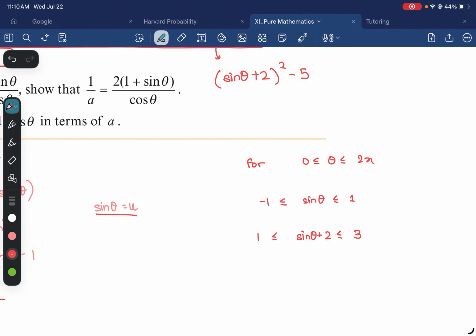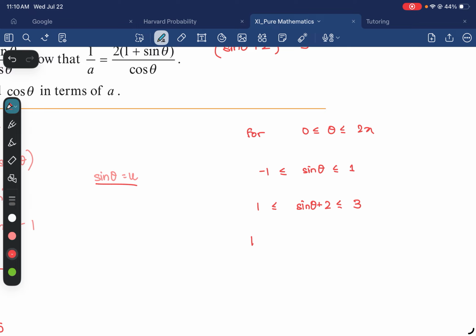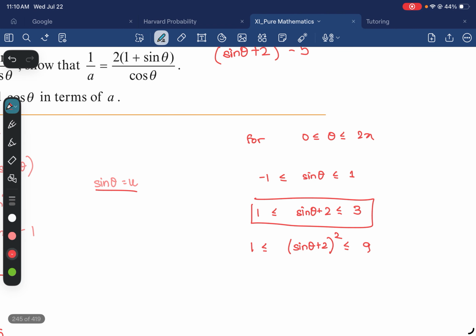Right? So now my curve has shifted up. And now if I square, because all my values are positive, because it's bound between 1 and 3, I can easily square it without worrying. So I get this expression.